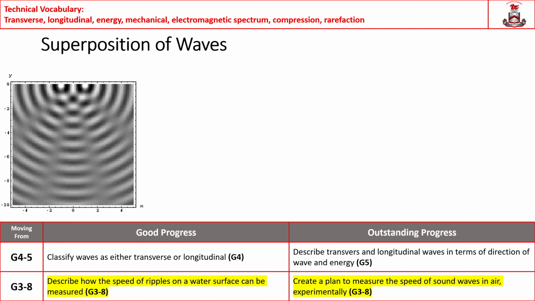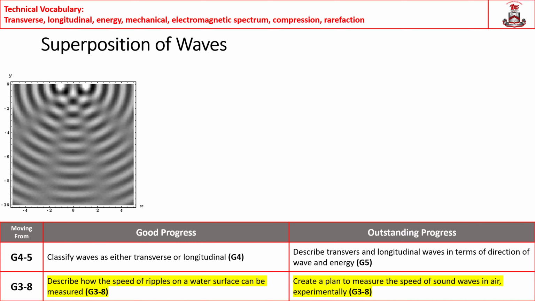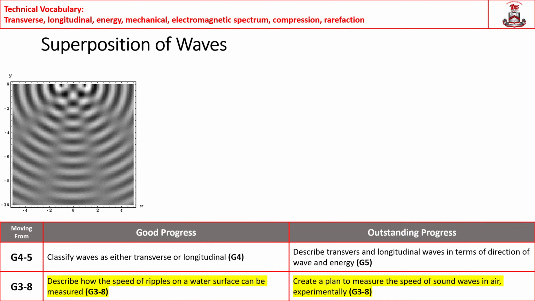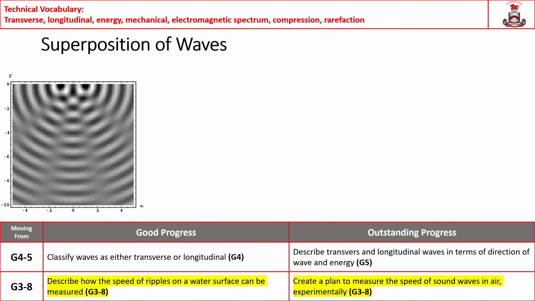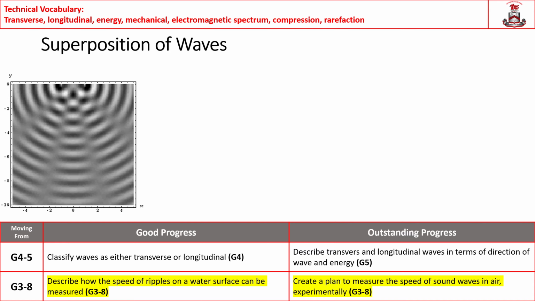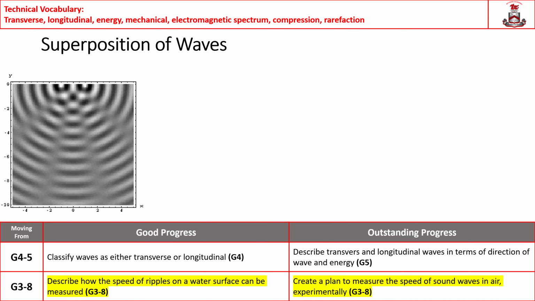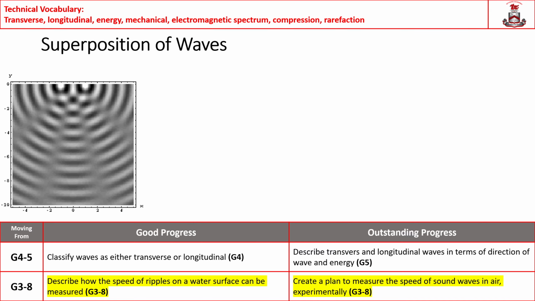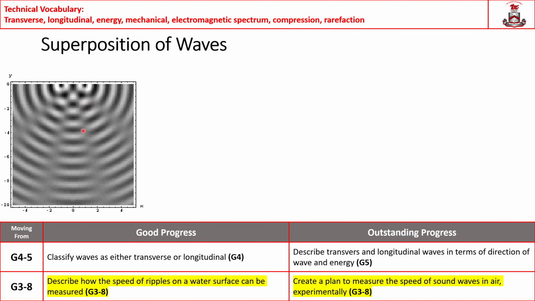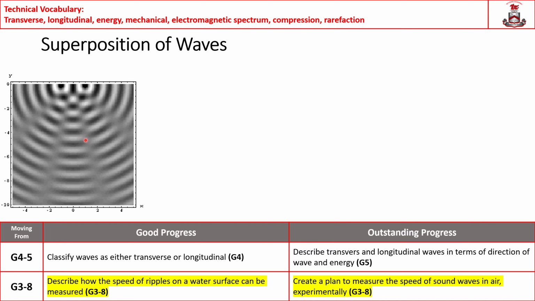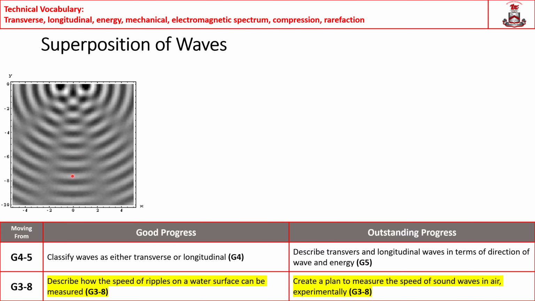Now, another thing we need to learn or know is about the superposition of waves. What happens is if you get 2 different waves and put them towards each other, they will interfere with each other. Now you look here, you can see there are some lines coming out that look like dead, and there are some lines coming out that look very pronounced.